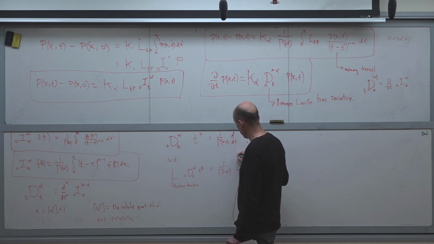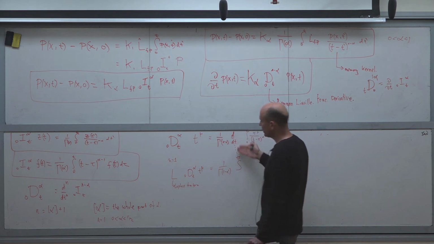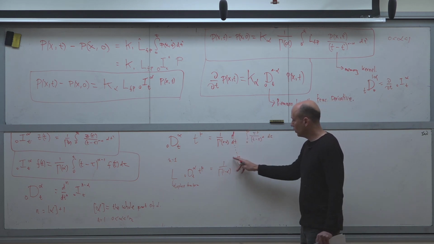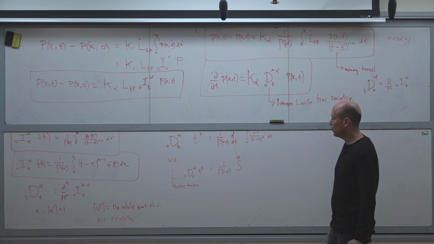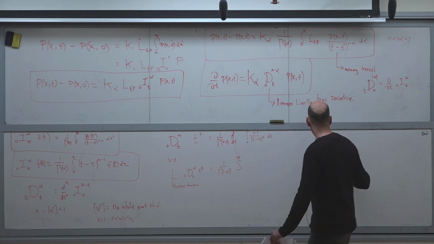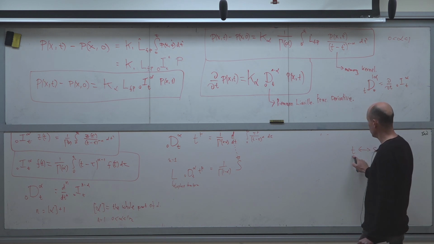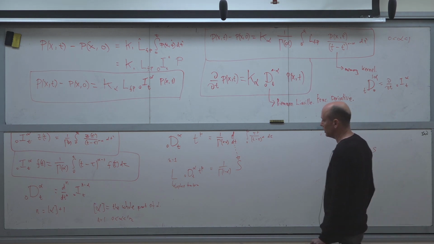This was already in the class several times, that the usual derivative goes to the Laplace variable s. So here I will be jumping all the time between time and s. Time is real time, s is the Laplace variable corresponding to t.